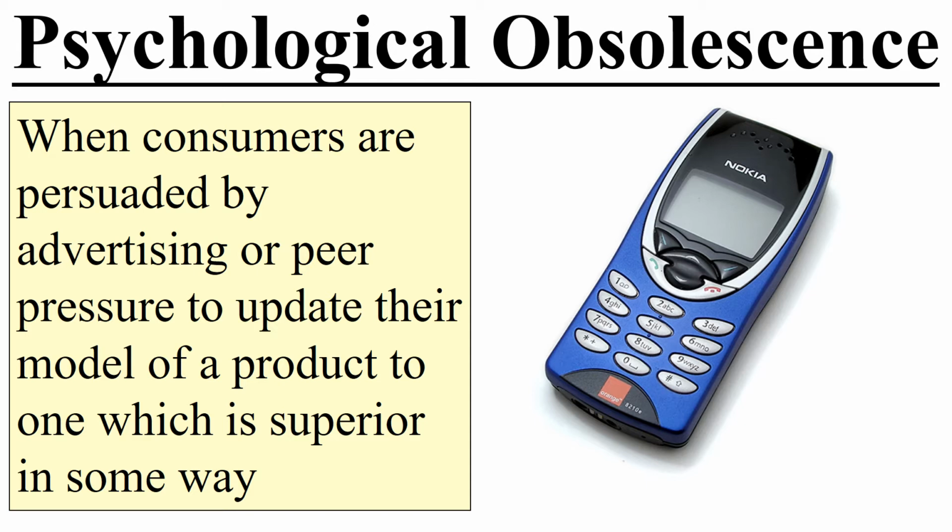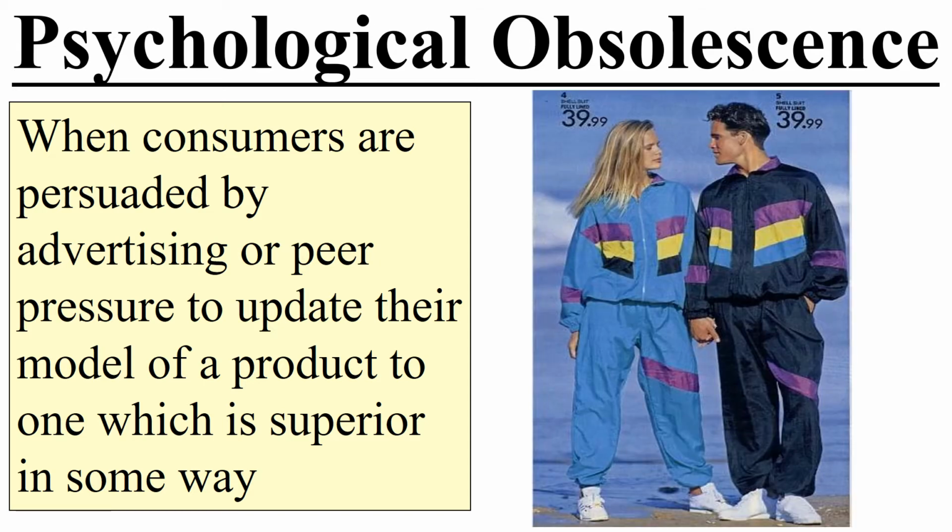If you just want to phone people, then that works, doesn't it? If you want to send a text message, if you want to do other things, then it doesn't do the job. But a lot of people would not want to be seen to be using that as their phone, particularly people of a certain age, so they'd want to be seen to be using something a bit more sophisticated.